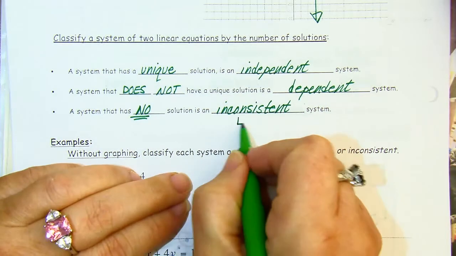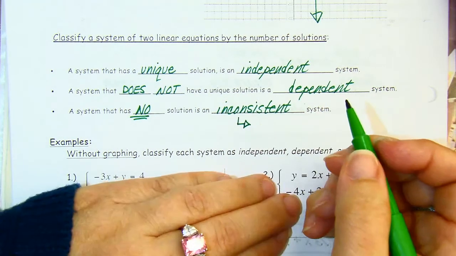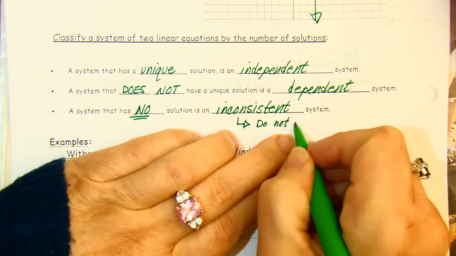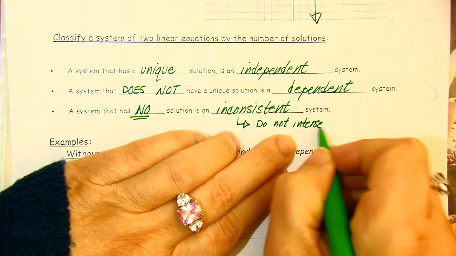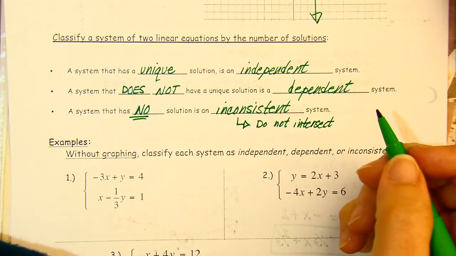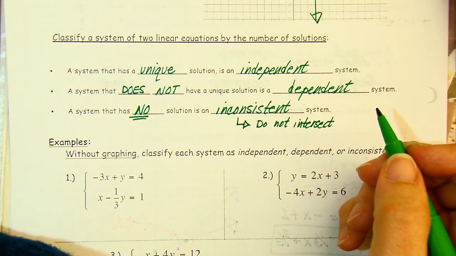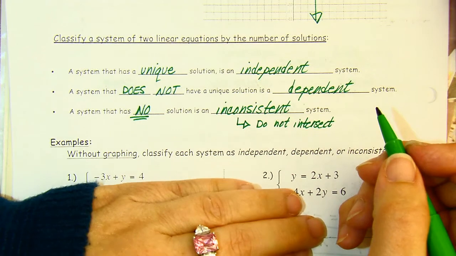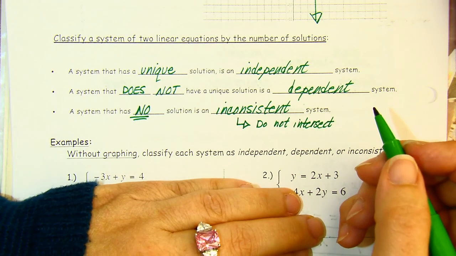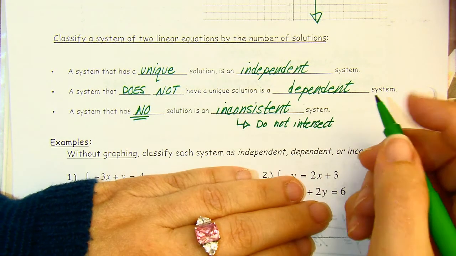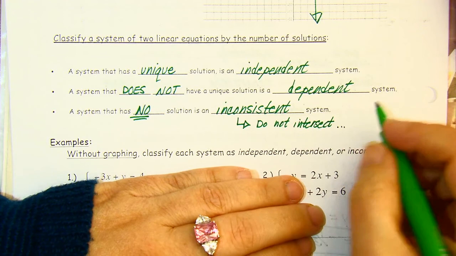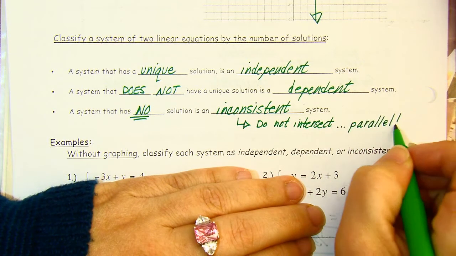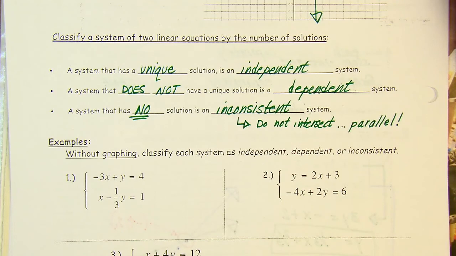This can be when your lines are parallel, so they do not intersect at all. So parallel lines have no solution. It's inconsistent. Lines graphed on top of one another is called a dependent system. And then when you have a unique, single solution, that's called independent. So you have some vocabulary that you will need to learn and or memorize.